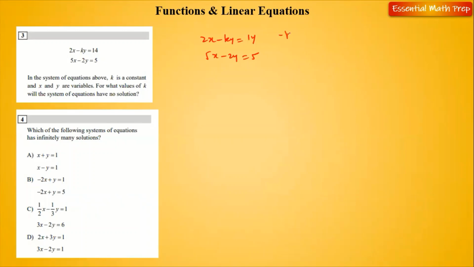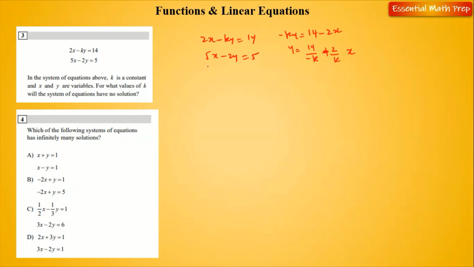So negative ky equals 14 minus 2x, right? So y is 14 over negative k, and then we're dividing by negative k throughout, so that will be plus 2 over kx, right?